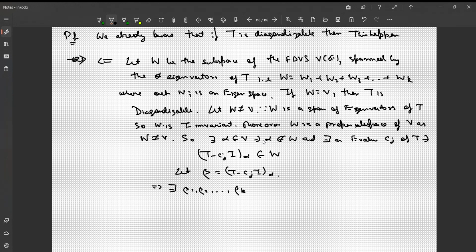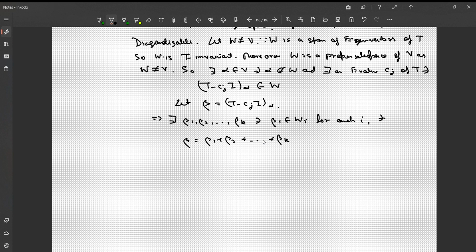Now since W is the sum of the eigenspaces and beta is an element of W, there exist elements beta 1, beta 2 till beta k, such that beta i belongs to Wi for each i, such that beta can be written as beta 1 plus beta 2 till beta k, where T of beta i is nothing but Ci beta i, for each i.